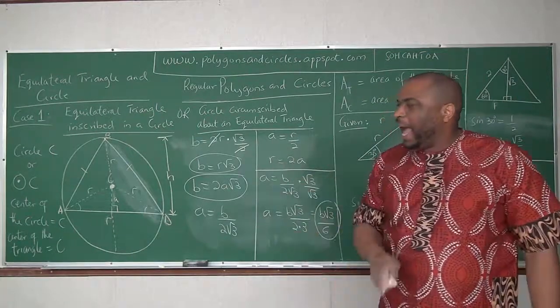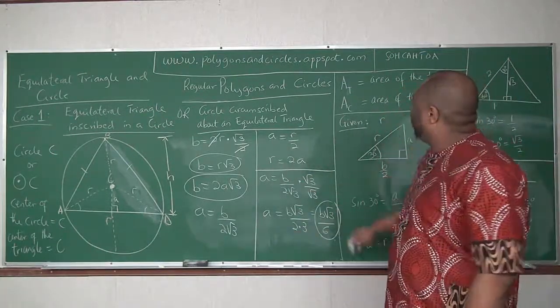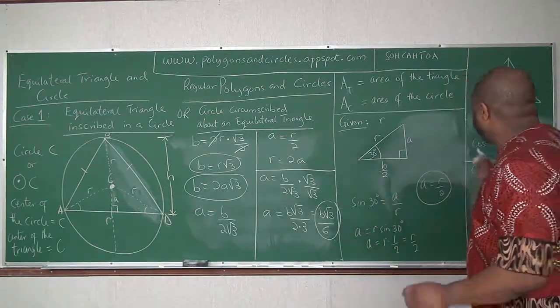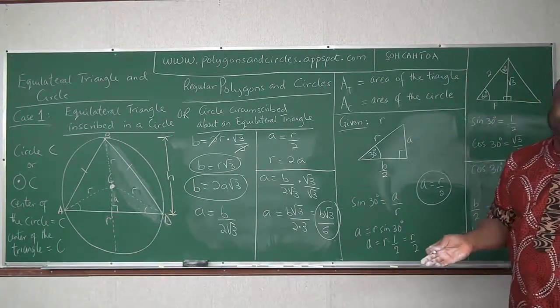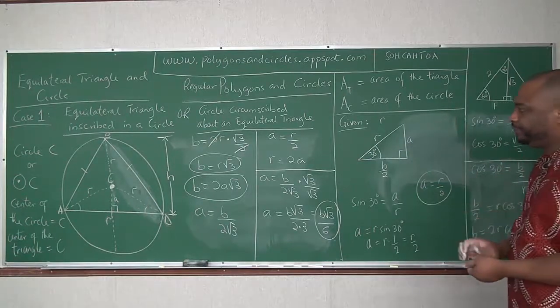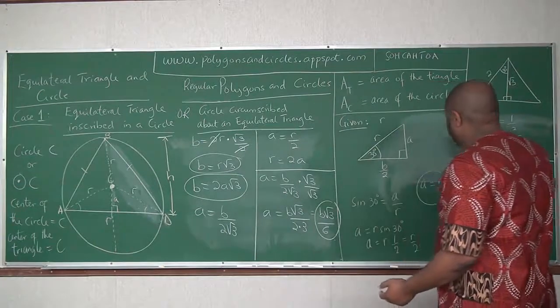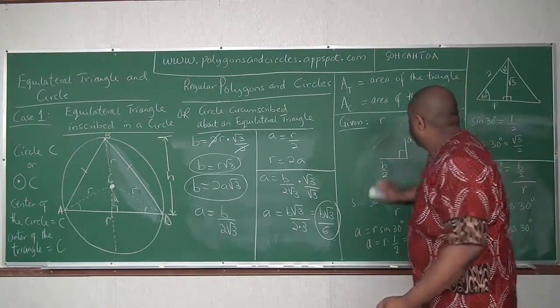Okay, we need to find the height, and then we look at the area. So now, the height. How can we find the height if we are given just the radius? This is what we will do.